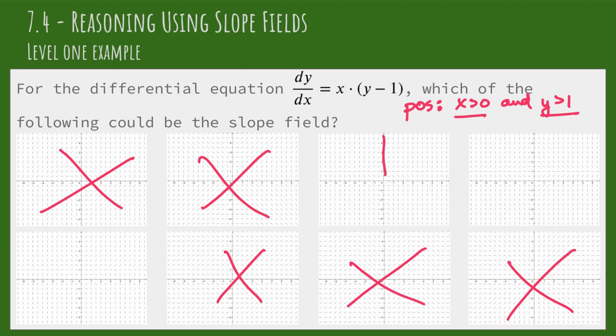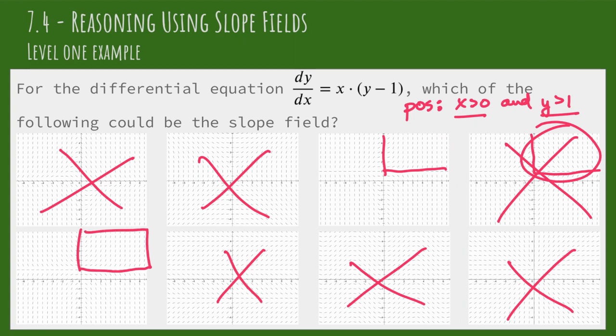So in this region right here, we should see positive slopes. And indeed for this one, it looks like we do, so we're okay there. Here we should see positive slopes, and we do not, so we can eliminate that one. Here we should see positive slopes, and we do, so we cannot eliminate that one. So for positive slopes, at least one of the cases, we're down to 2.